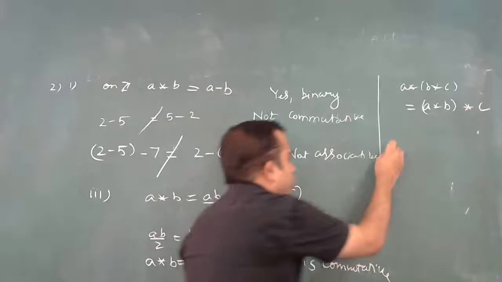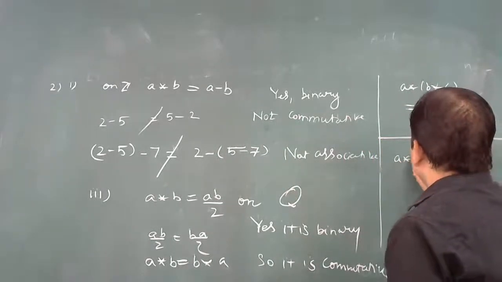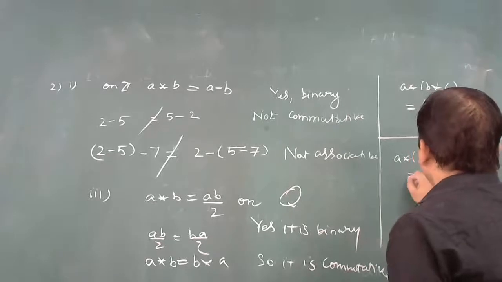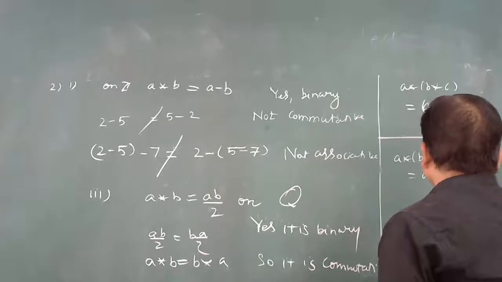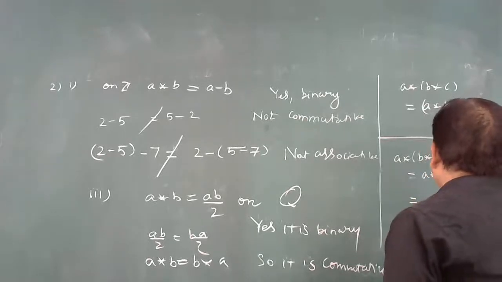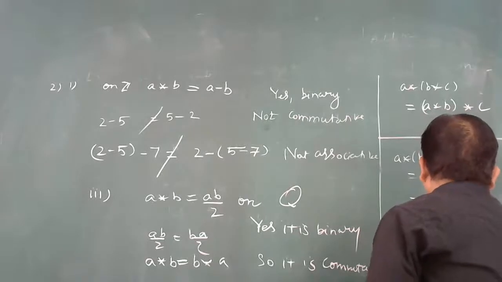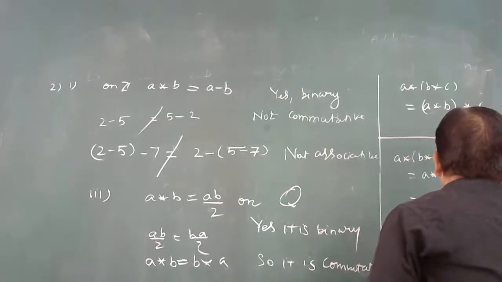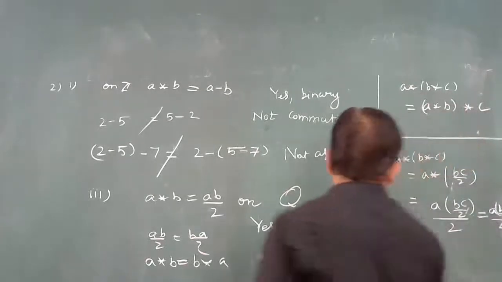Now for associativity, A star B star C will be A star (BC by 2), isn't it? And this will be A multiplied with BC by 2, whole by 2. And finally it will be ABC by 4, isn't it?